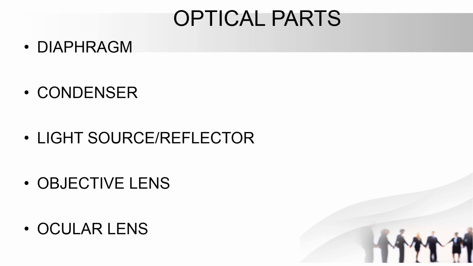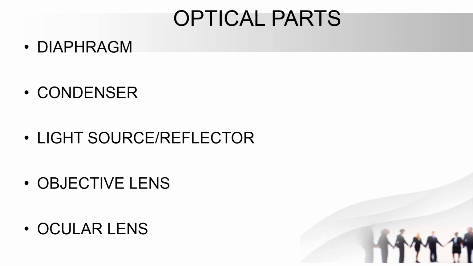We also have the brightness adjustment and the illumination. These are all light sources or light reflectors that have to do with light. So we term them the optical parts of the microscope.